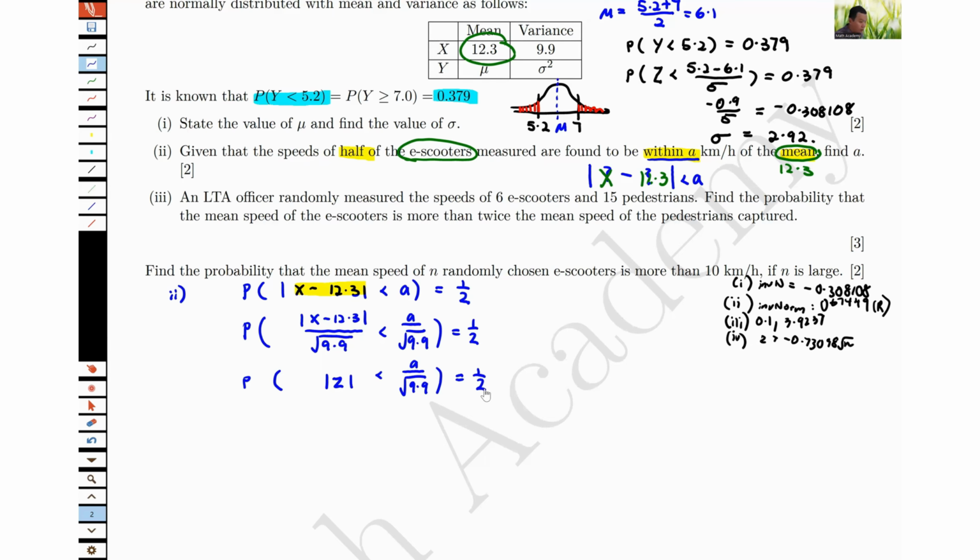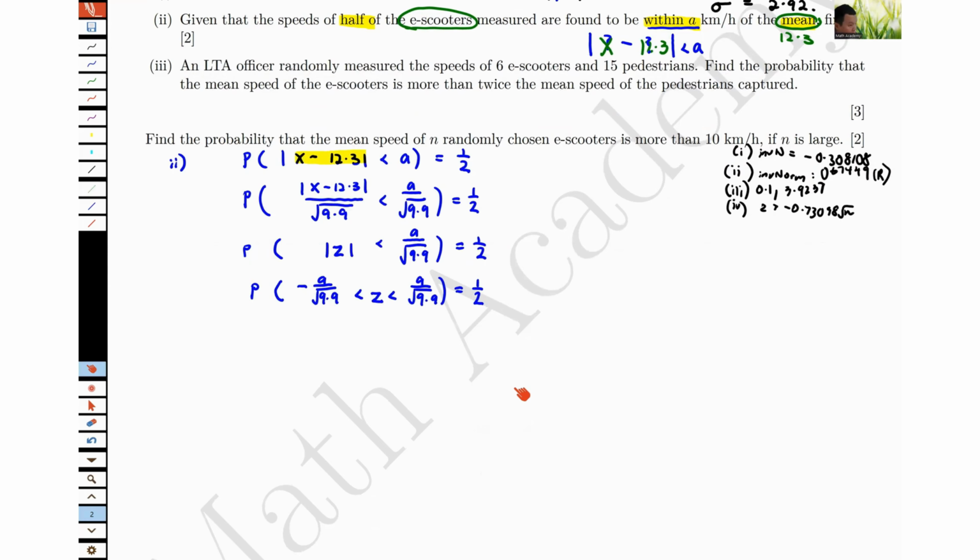We open up this modulus. For mod less than, it will be in between. This will be inverse norm center.